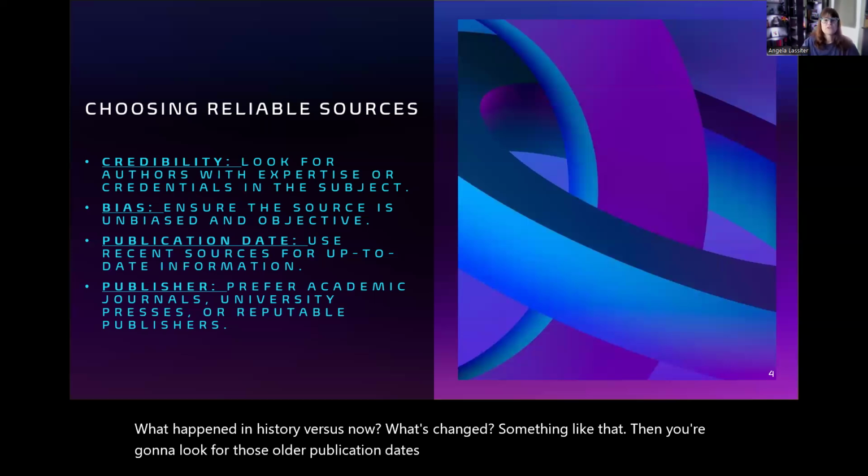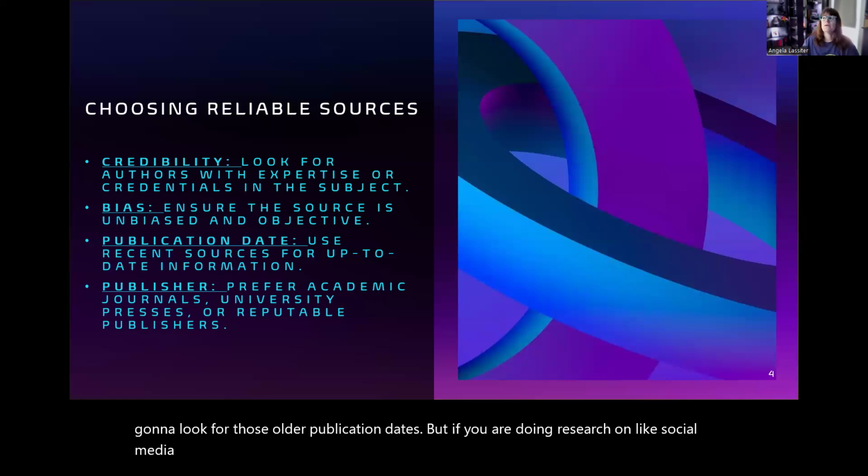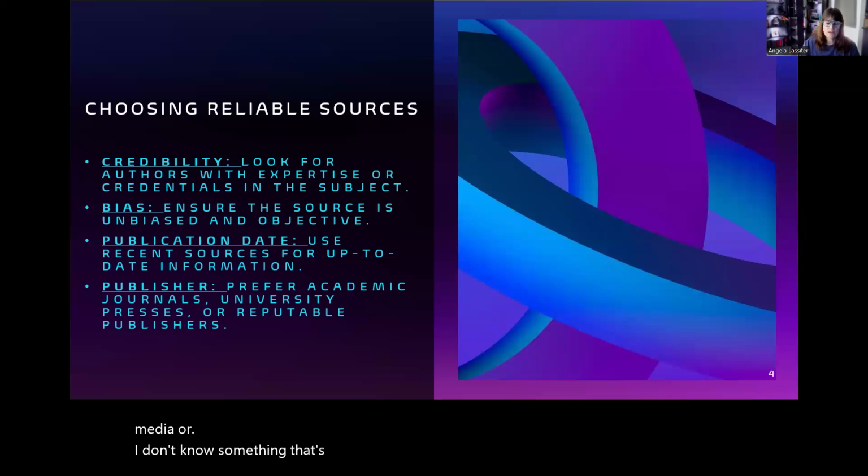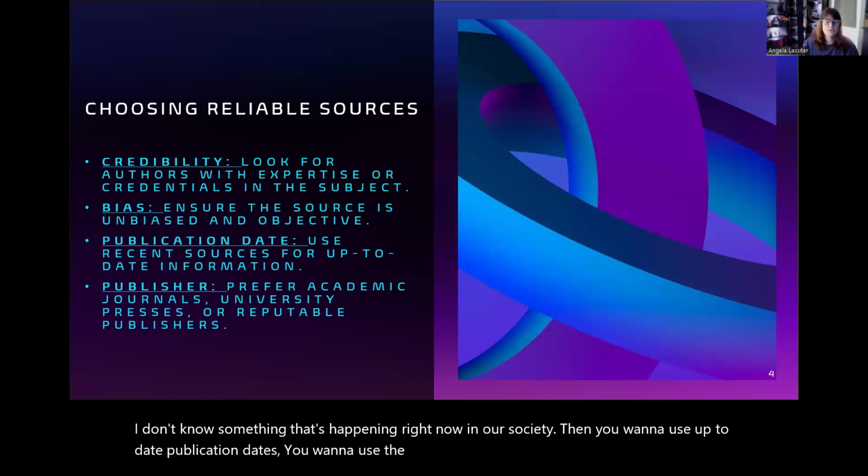But if you are doing research on social media or something that's happening right now in our society, then you want to use up-to-date publication dates. You want to use the latest and newest information to make yourself more credible.